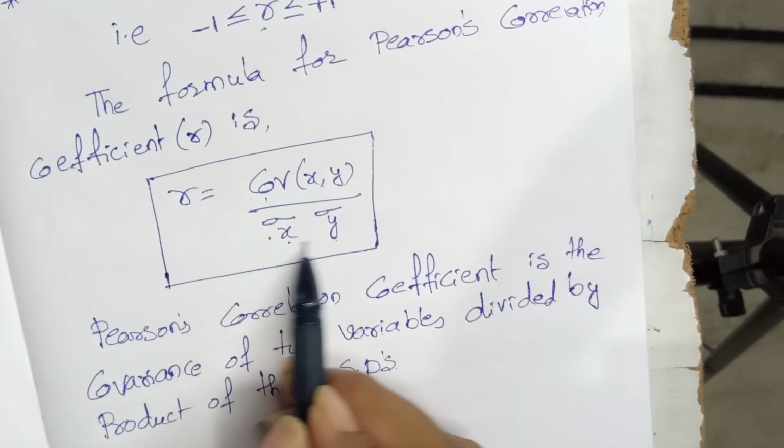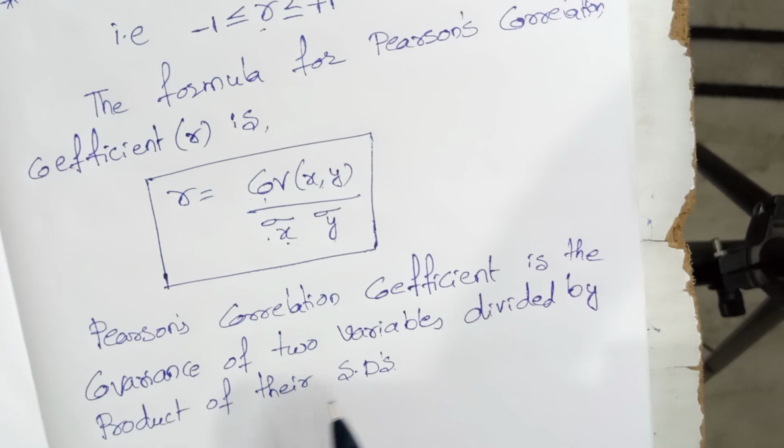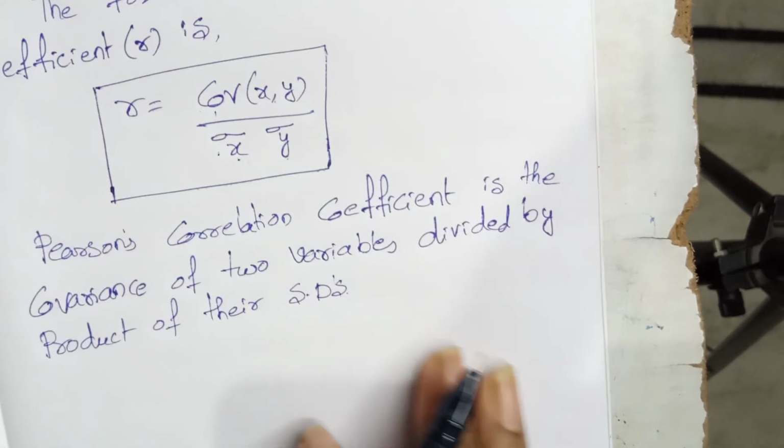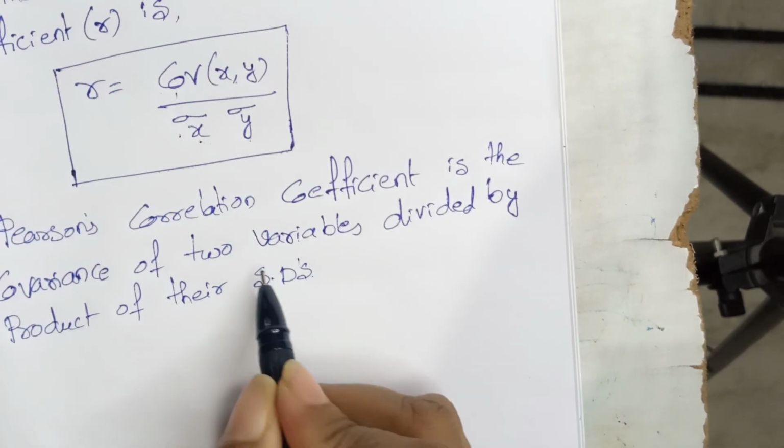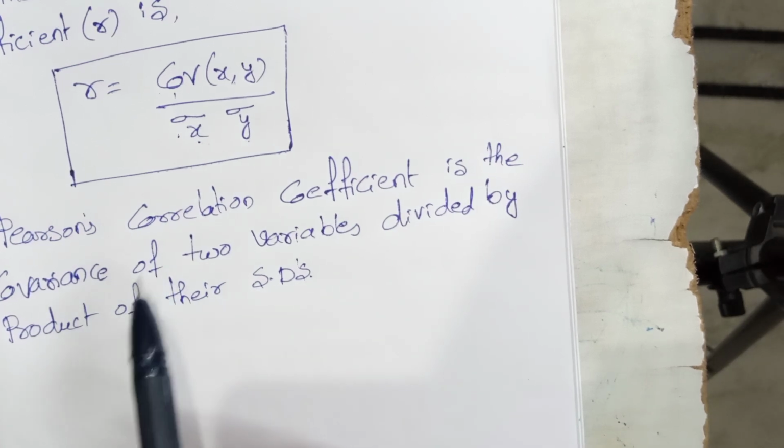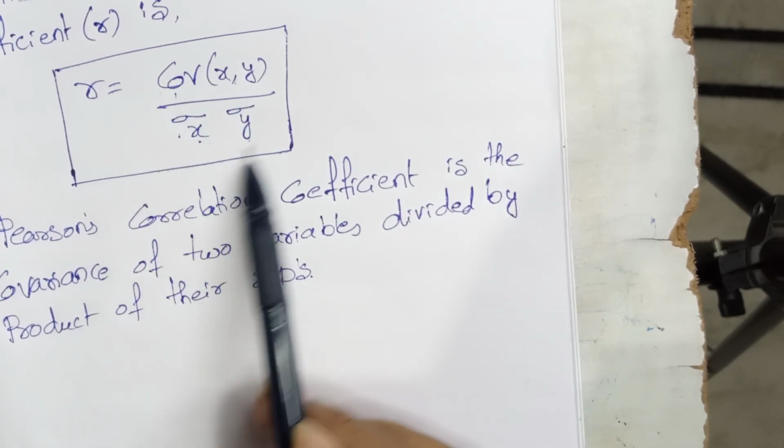So sigma x and sigma y are the standard deviations. This is the meaning of this formula.